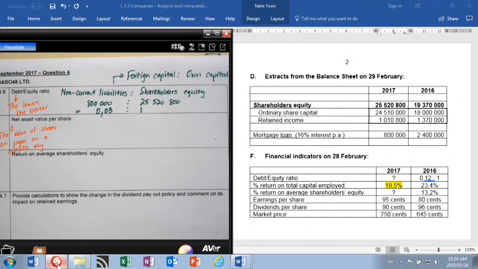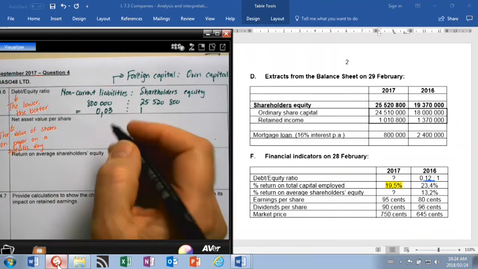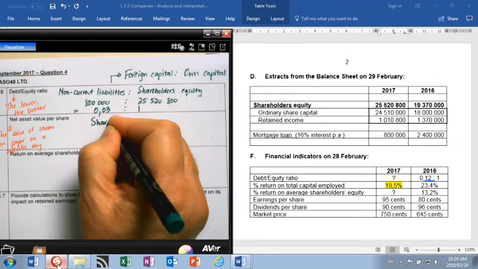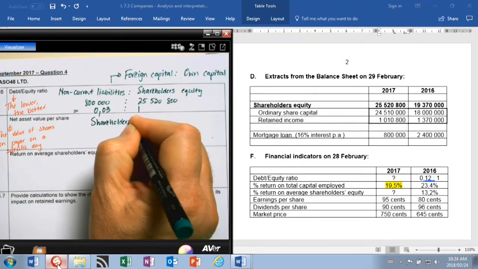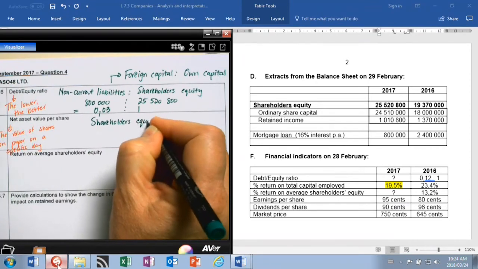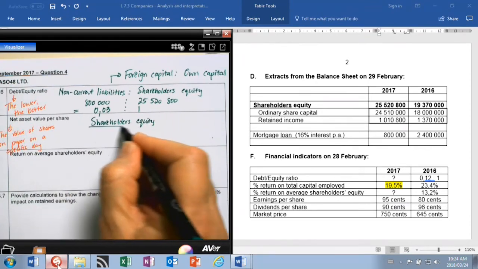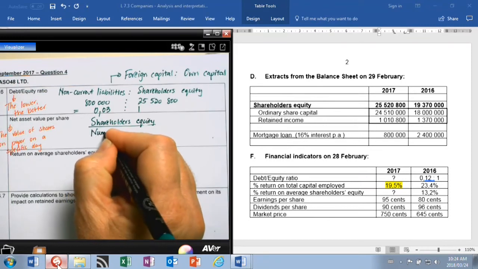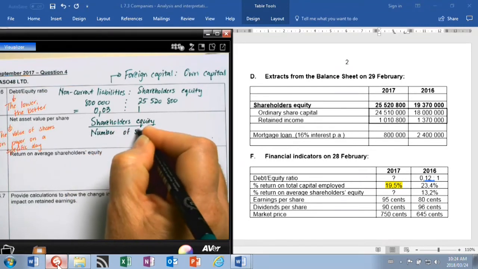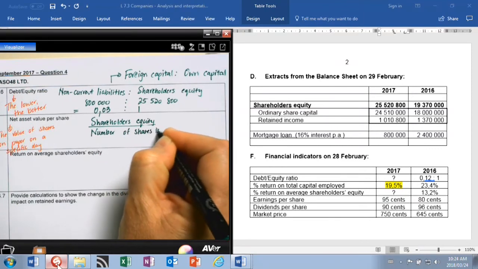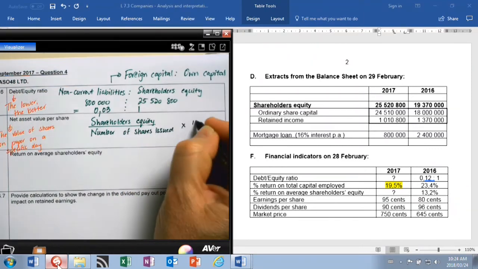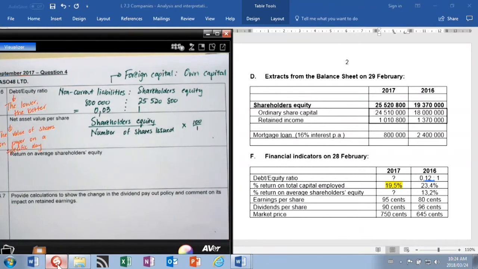Okay, so for net asset value, we say net profit shareholders' equity divided by number of shares issued times 100 over 1, but it's not a percentage. The answer is in cents.